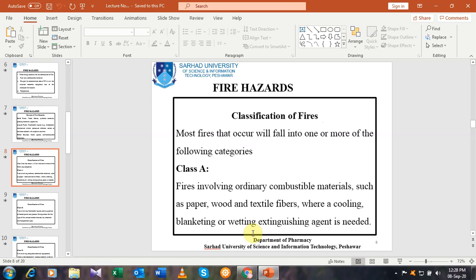Any fire will fall into one or more of the following categories: class A, class B, class C, class D and class K. Class A fires involve ordinary combustible materials, for example paper or textile fiber, where a cooling, blanketing or wetting extinguishing agent is needed.